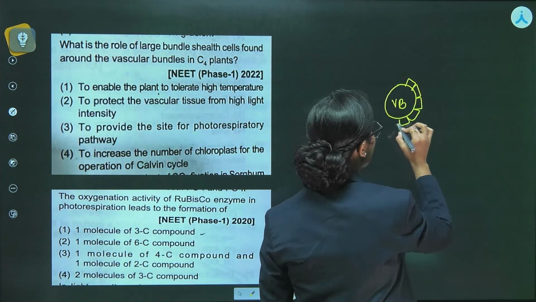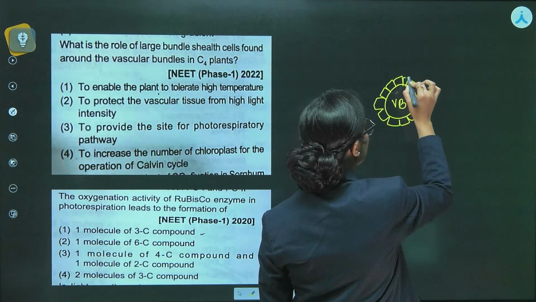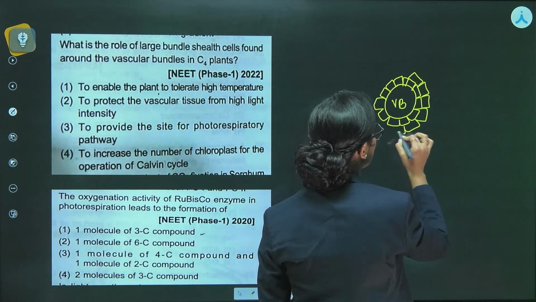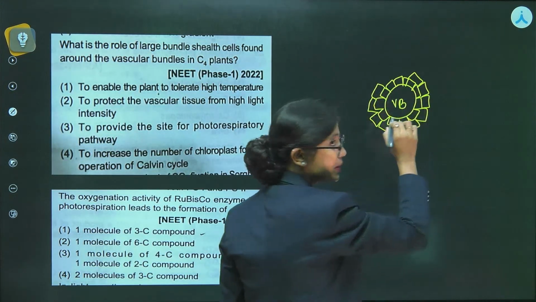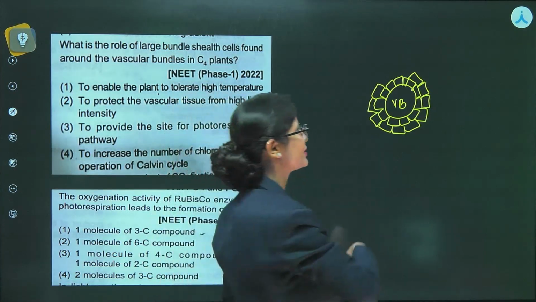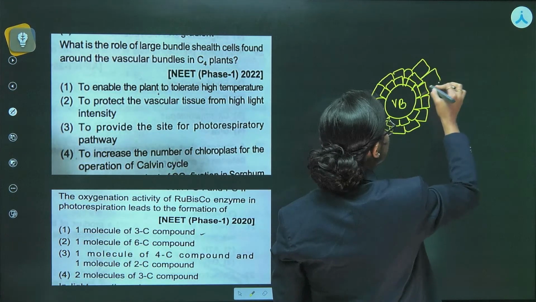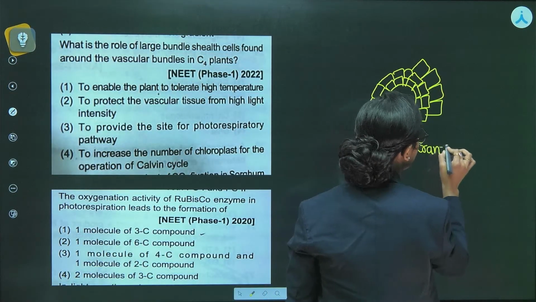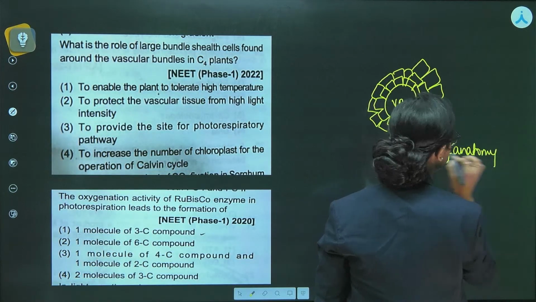They are tightly packed. जैसा कि आप देख सकते हैं कि इसमें ring like arrangement होता है. They have thick walls, abundant amount of chloroplast, they are impervious to gases. That's why CO2 इसमें से बाहर नहीं जा पाता और concentrate होता रहता है for the Calvin cycle. And later on it is surrounded by mesophyll cells. So this is the Kranz anatomy which is found in the C4 plants.